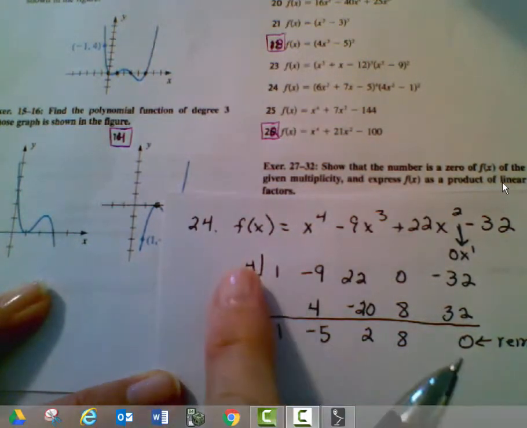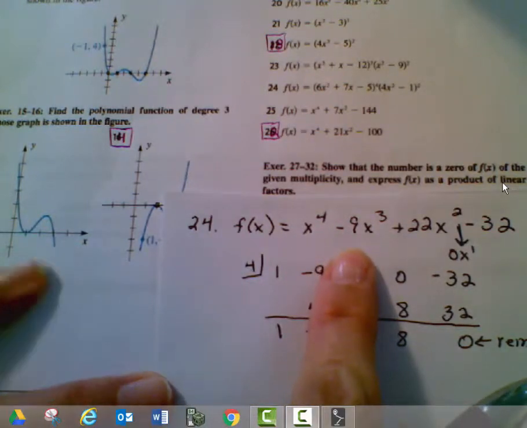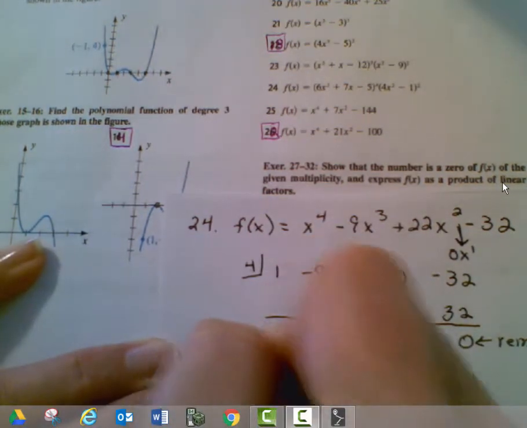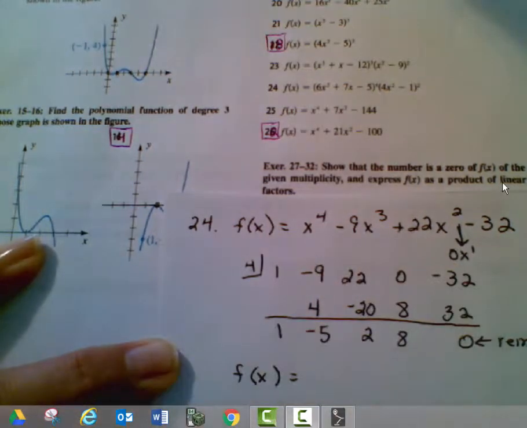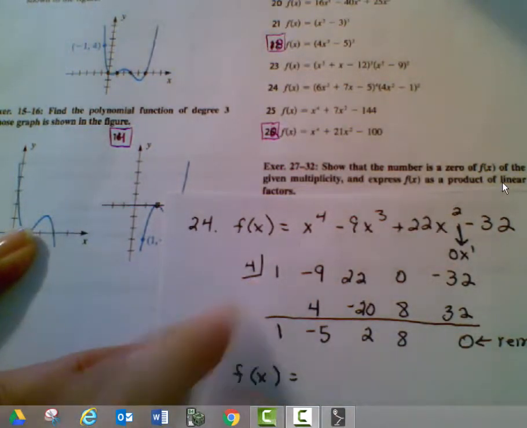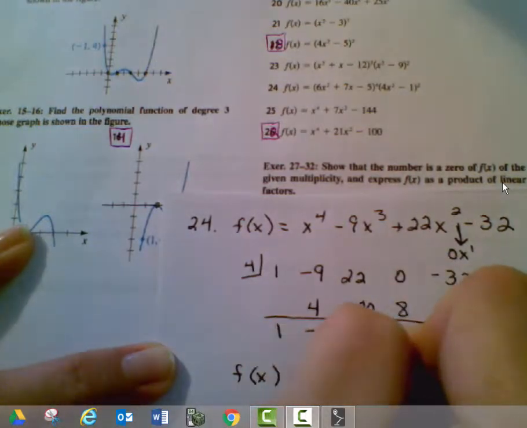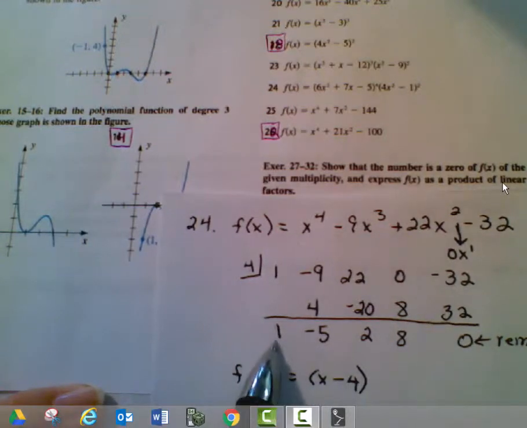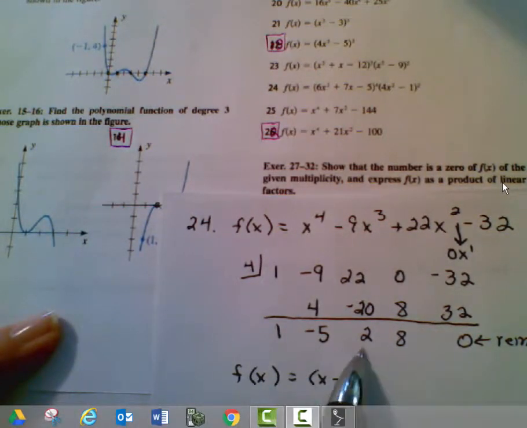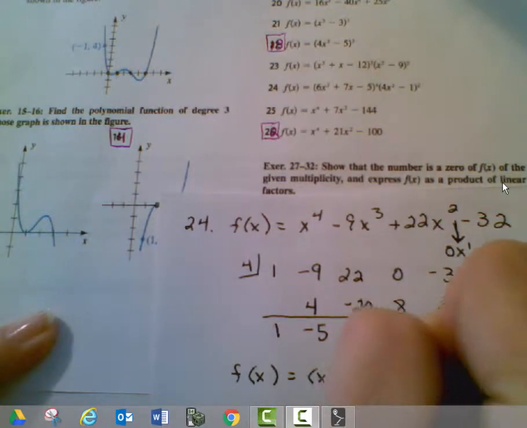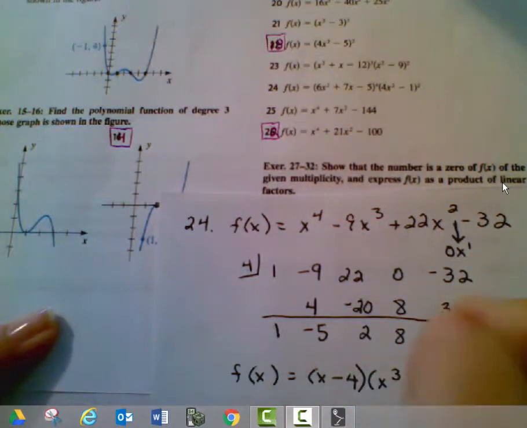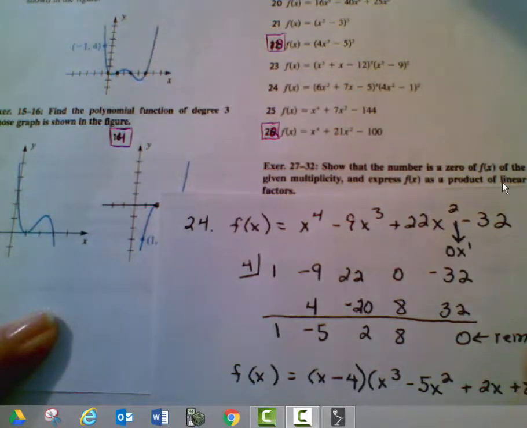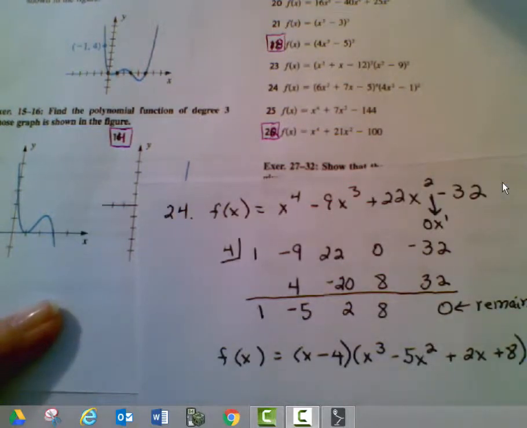does mean that 4 is a zero of that function, and it also lets me simplify or partially factor that function. If 4 is a zero, then x minus 4 is a factor, and my 3rd degree factor will have these coefficients. 1 is the coefficient of x cubed, negative 5 is the coefficient of x squared, 2 is the coefficient of x, and 8 is my constant.